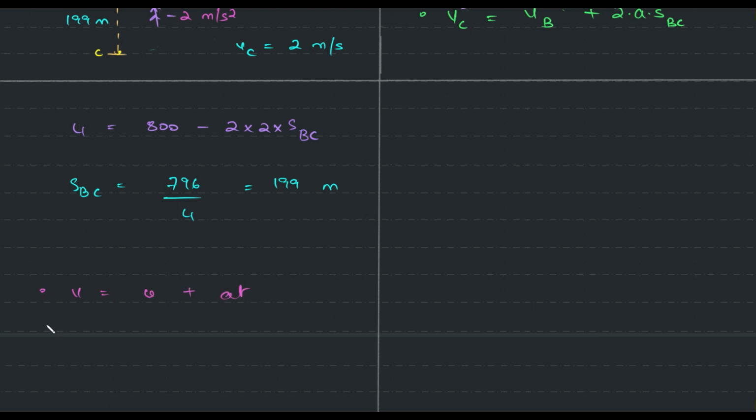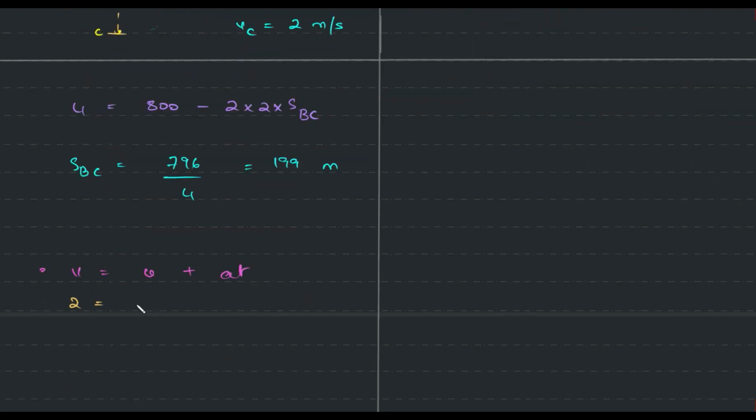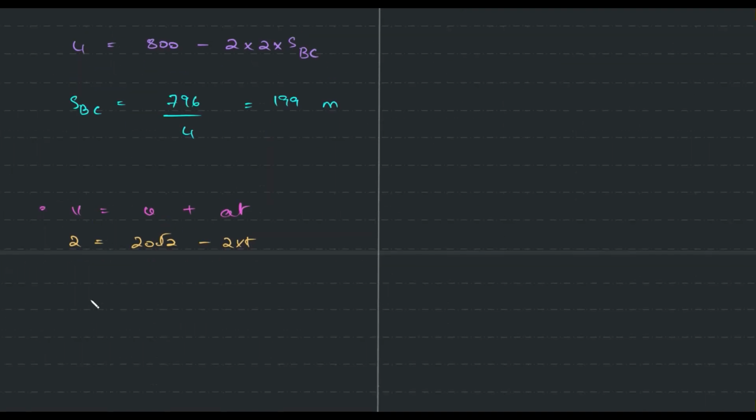So v here is 2, initial velocity is 20 root 2. This is -2 into t. So t is equal to 10 root 2 plus 1. So many seconds.